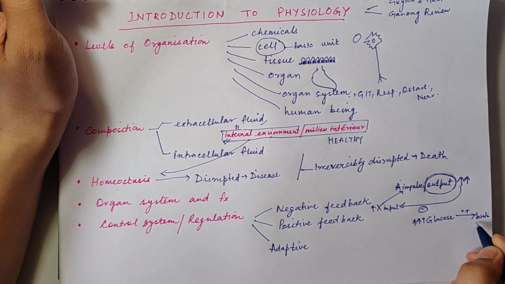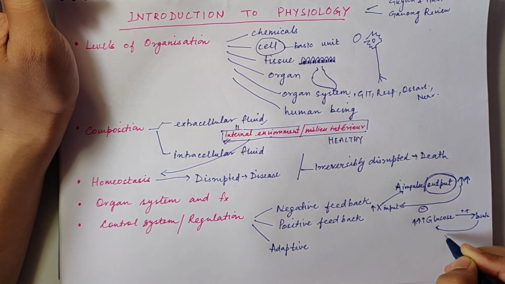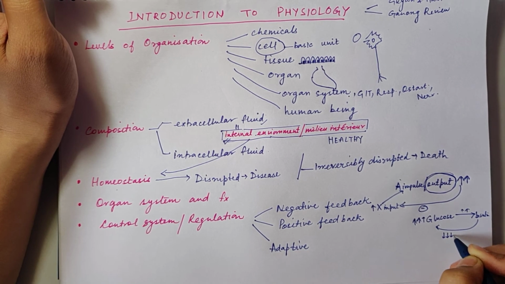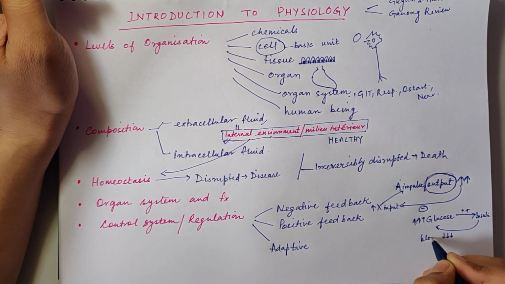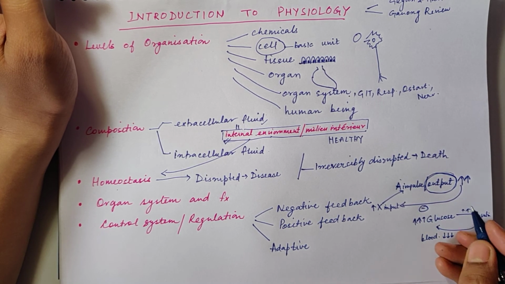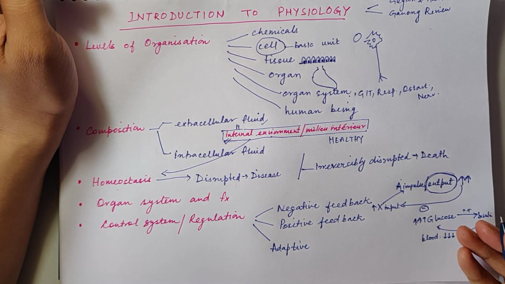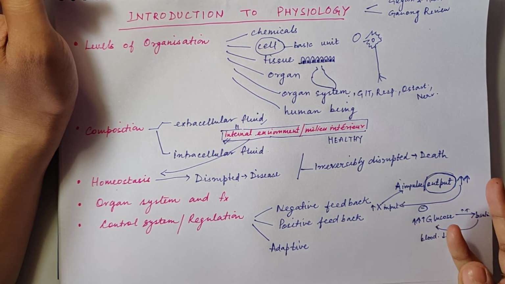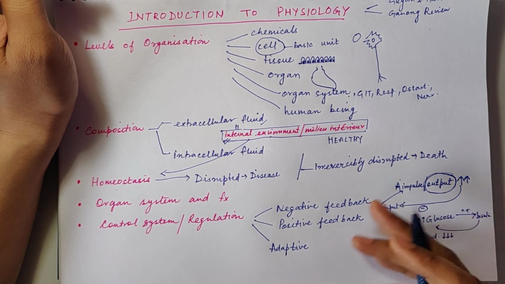And what does insulin do? It will decrease the glucose in blood. How will it do that? It will cause glucose to get converted to glycogen and get stored. It will cause glucose to be utilized by different tissues. It will cause the muscle to take up glucose.